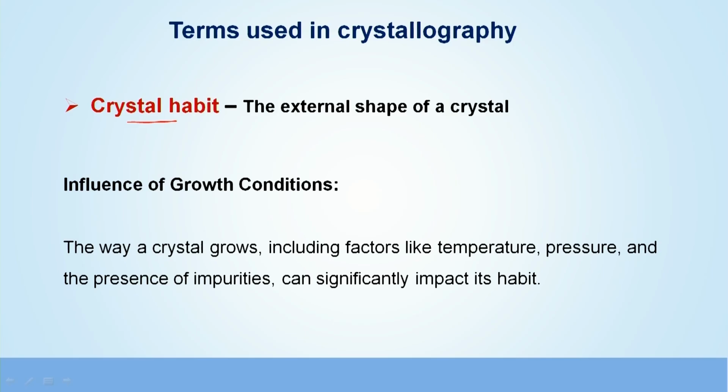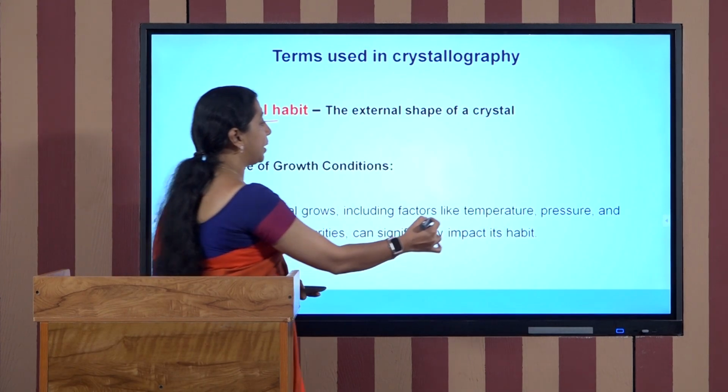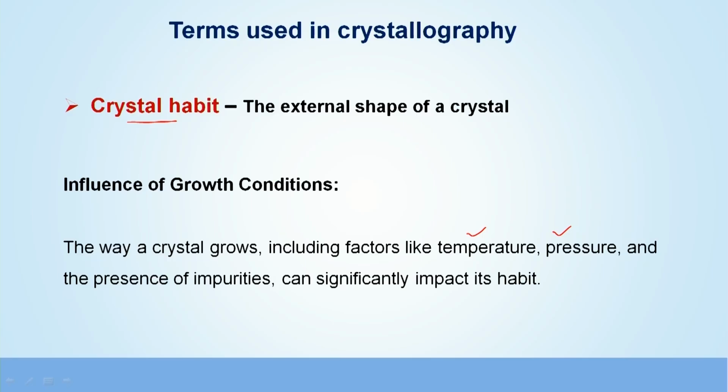The way a crystal grows includes factors like temperature, pressure, and also the presence of impurities. So, external factors like temperature, pressure, or the presence of impurities can significantly impact the crystal habit or the external shape of a crystal.